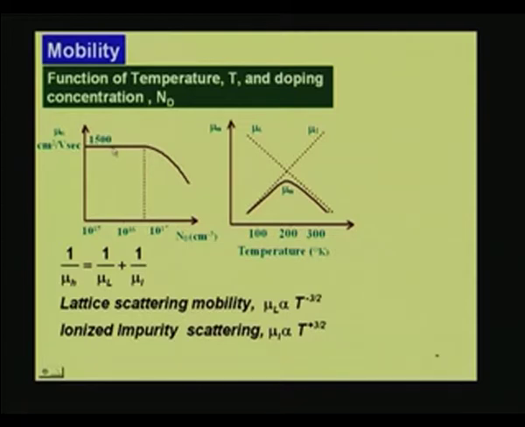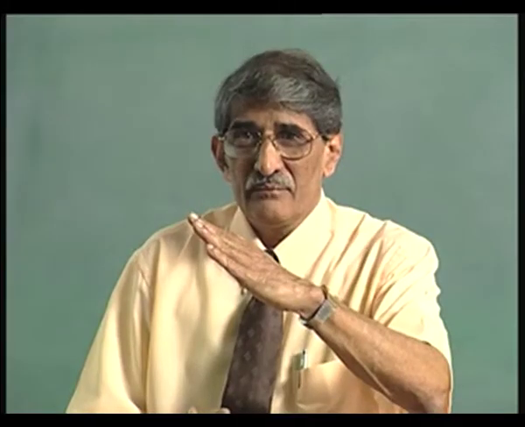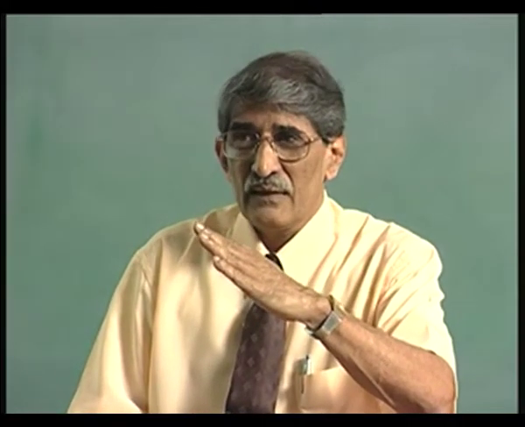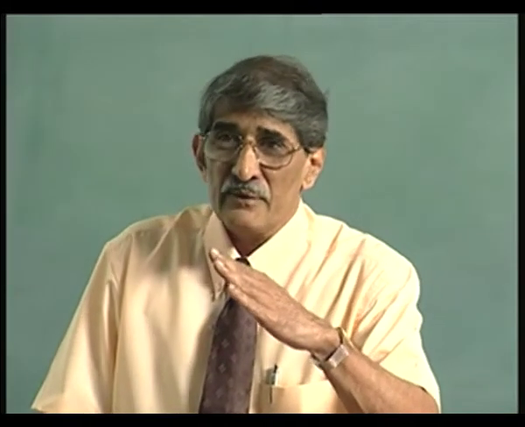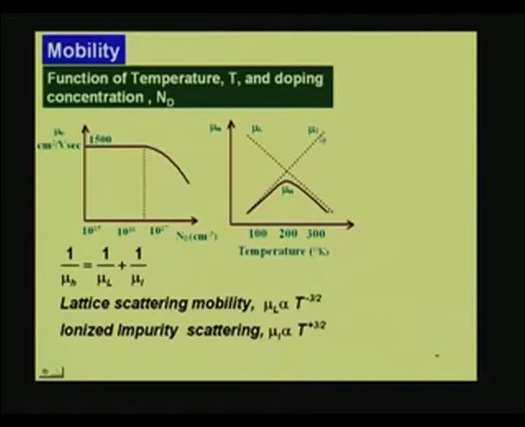So, if I take a look at the temperature dependence of mobility, a qualitative picture I have drawn here. At lower temperature mobility will be low, decided by this plot, mu I. There are two graphs which I have plotted. One is going up, that is mobility mu I, which is ionized impurity scattering, that keeps on increasing with temperature.